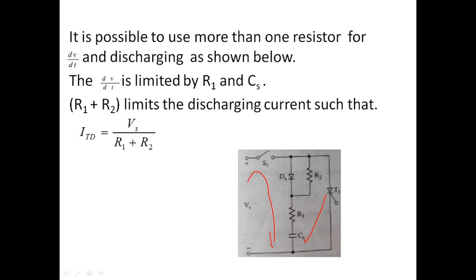But discharging does not go that way. Discharging takes place this way because of the diode. So while discharging, these two resistances play a role, while during charging only this resistance plays a role. So we can control the discharging current, as well as how fast charging should happen. Okay, this is one tricky circuit. Thank you.